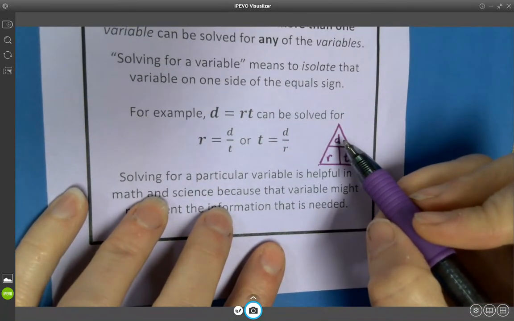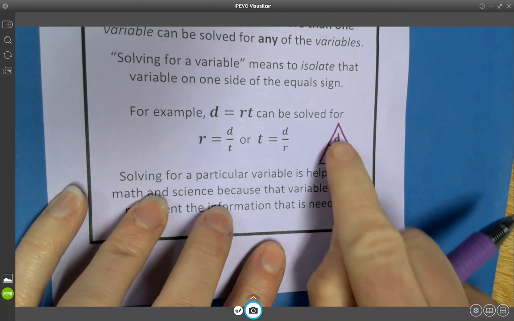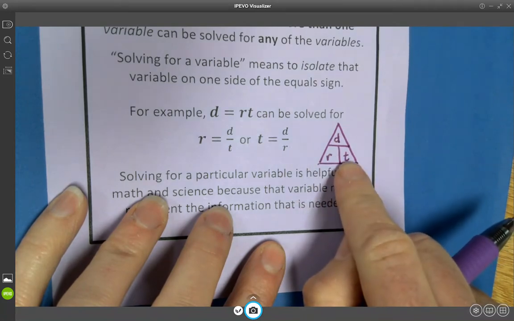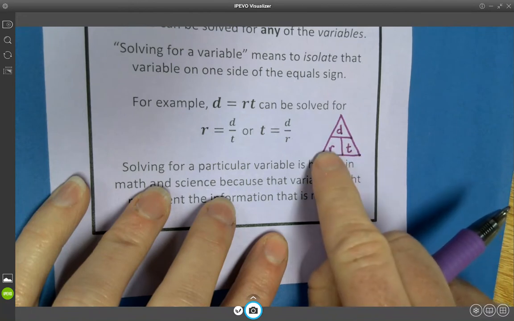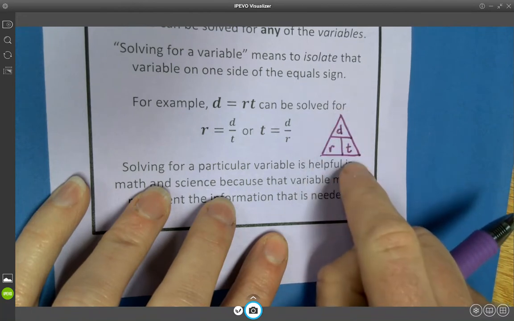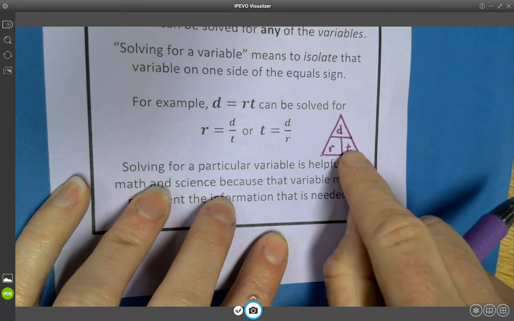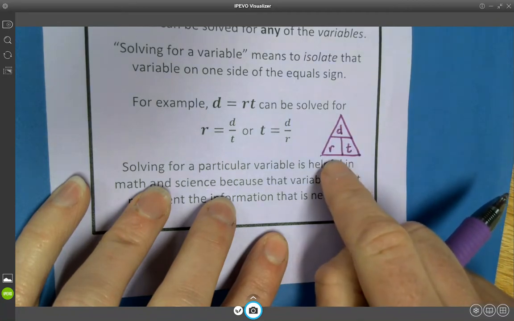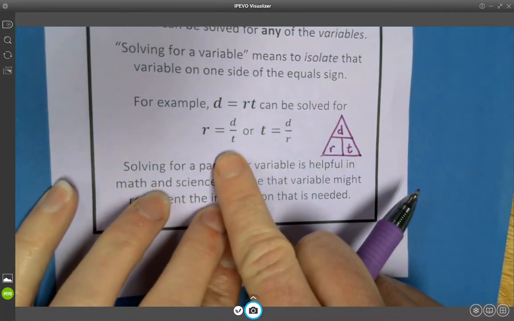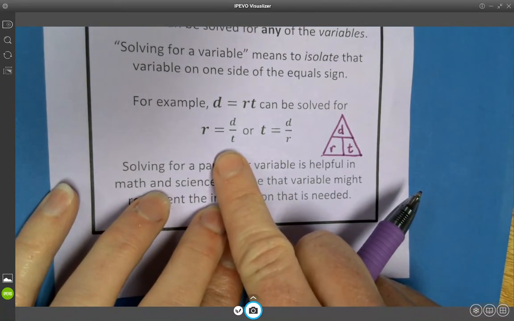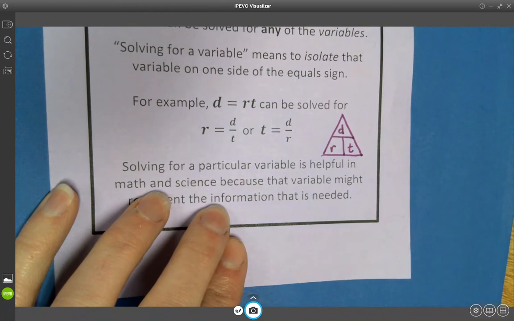The way this works is D equals RT. The same equation, solved for a different variable, would be R equals D over T, or T equals D over R. So these equations are all similar and can be solved for different variables.